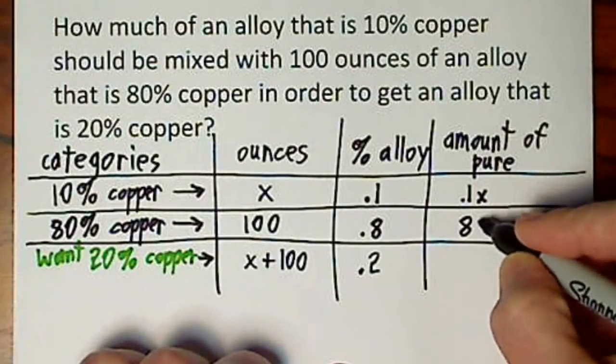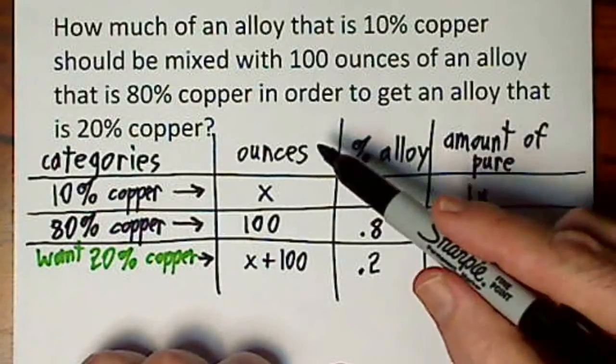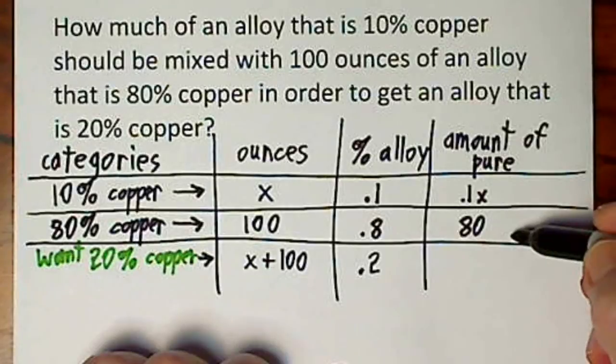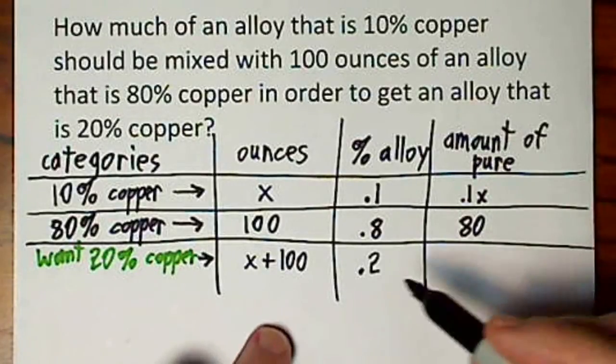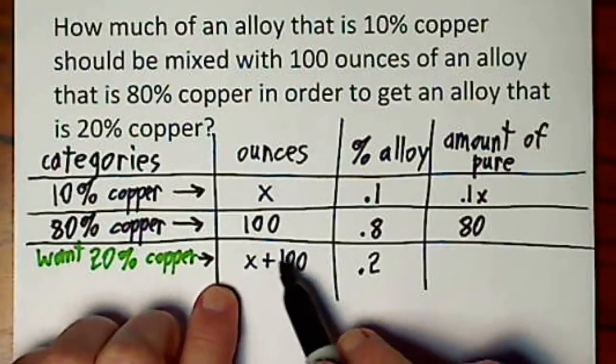That gives us 80. It's actually 80 ounces of pure, but I'm not going to worry about the units here, okay? So I have 80 ounces of pure copper here. And this one I'm going to get the same way. I multiply 2/10 times that amount.